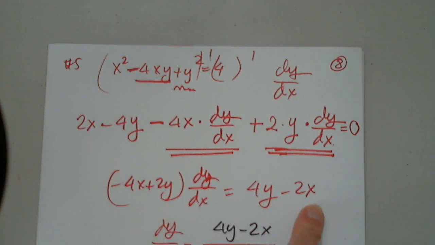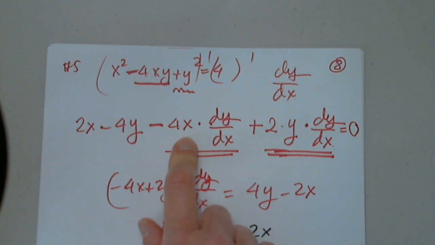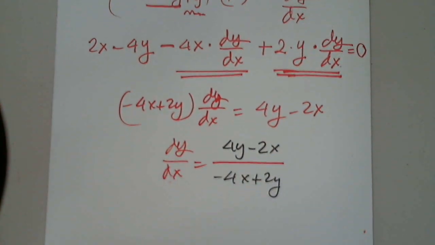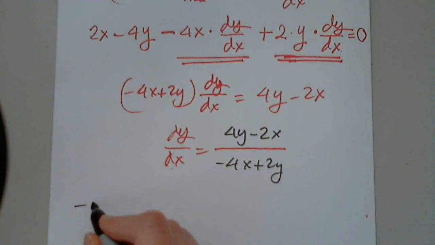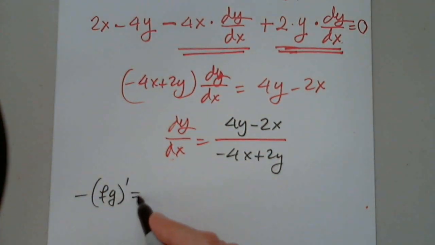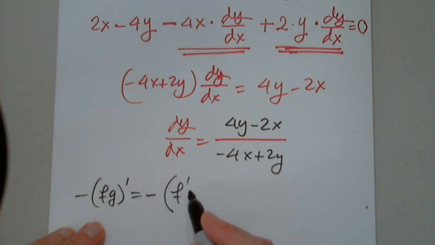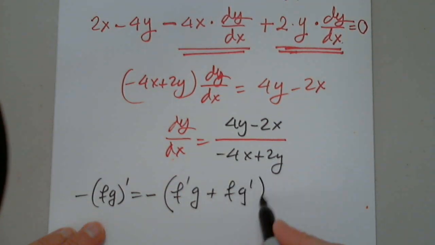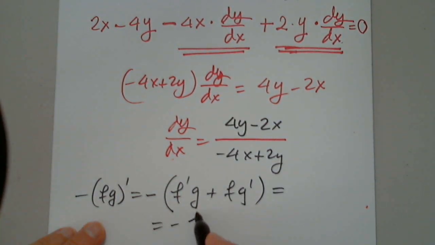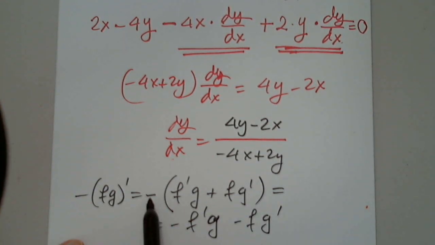Yes, because when I have, you can keep the negative outside and say f prime g plus f g prime, and then distribute negative f prime g minus f g prime, or keep in mind that you will have a sum and you can jump from here here. So if it's a sum and with minus in front, both terms will become negative.